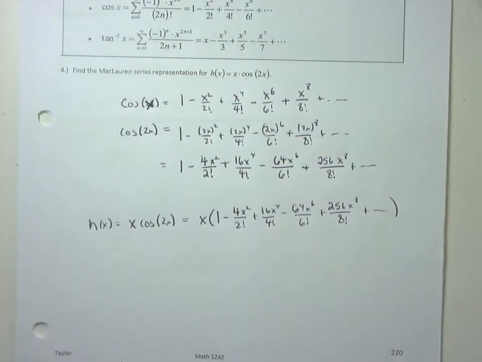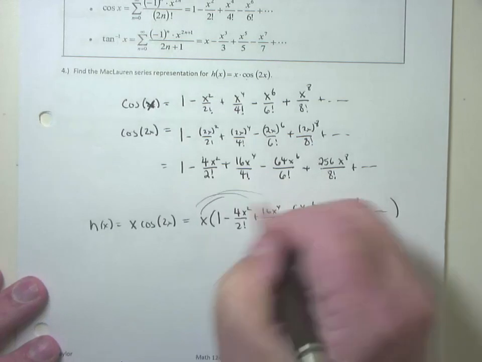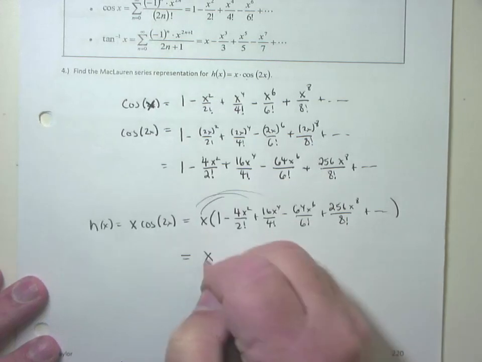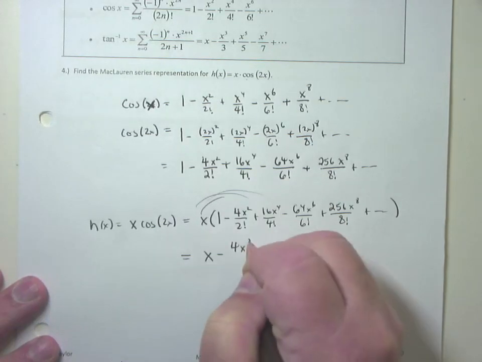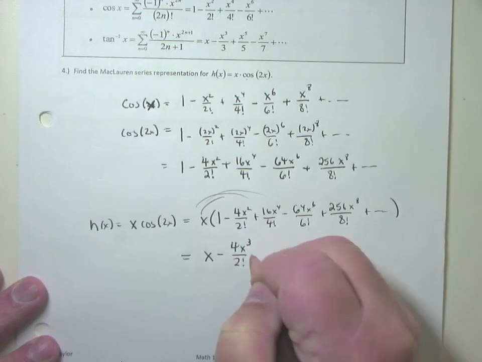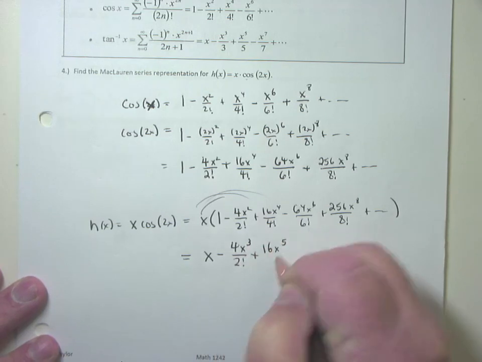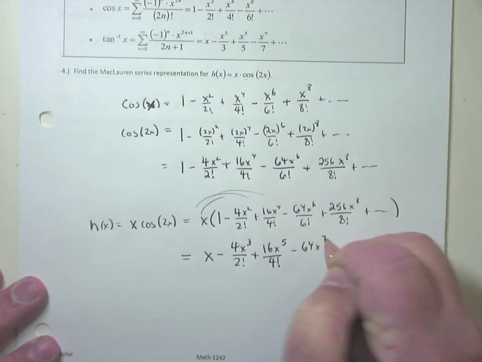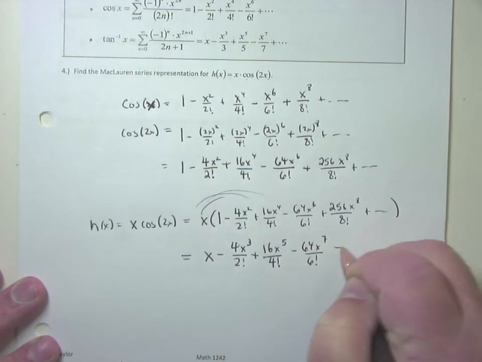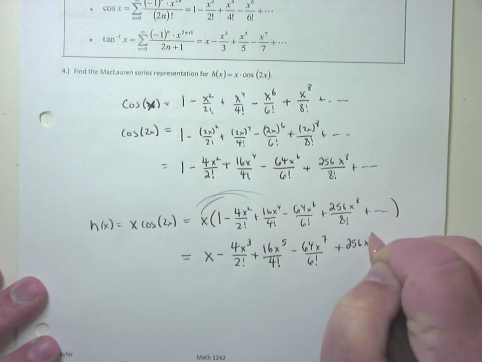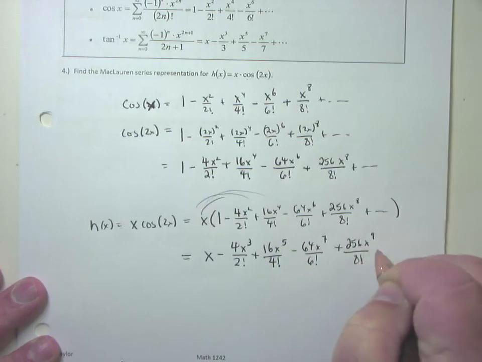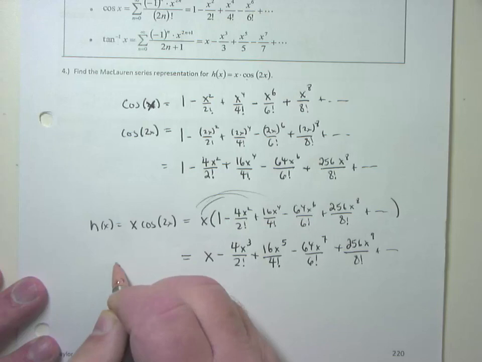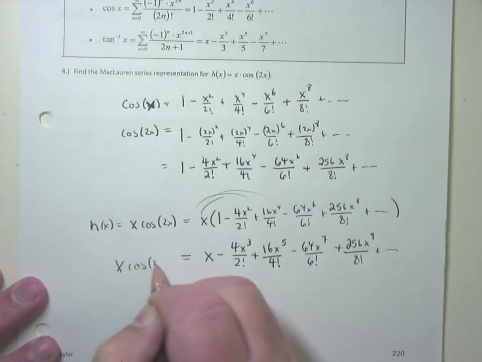And I want to clean it up. So what's the last move I'm going to make? I'm going to distribute. Distributing my x through all the terms gives me x minus 4x cubed over 2 factorial plus 16x to the 5th over 4 factorial minus 64x to the 7th over 6 factorial plus 256x to the 9th over 8 factorial plus dot, dot, dot. That is what x times the cosine of 2x is.